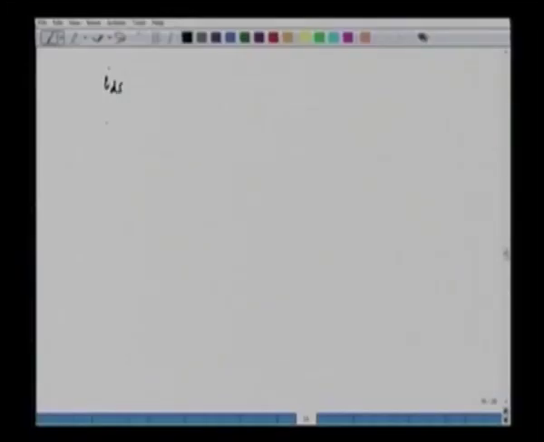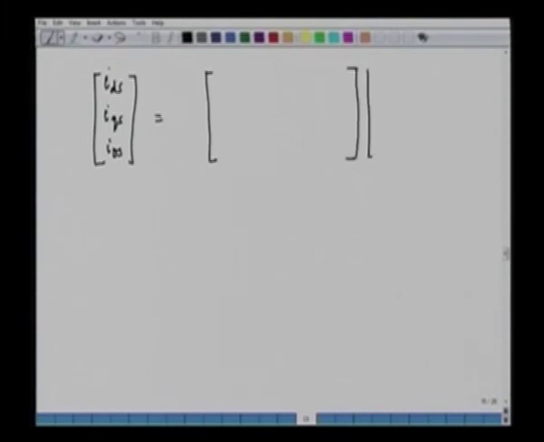So we can write this in a matrix expression: we have IDS, IQS and IOS, and these are obtained from the original machine currents IAS, IBS and ICS.